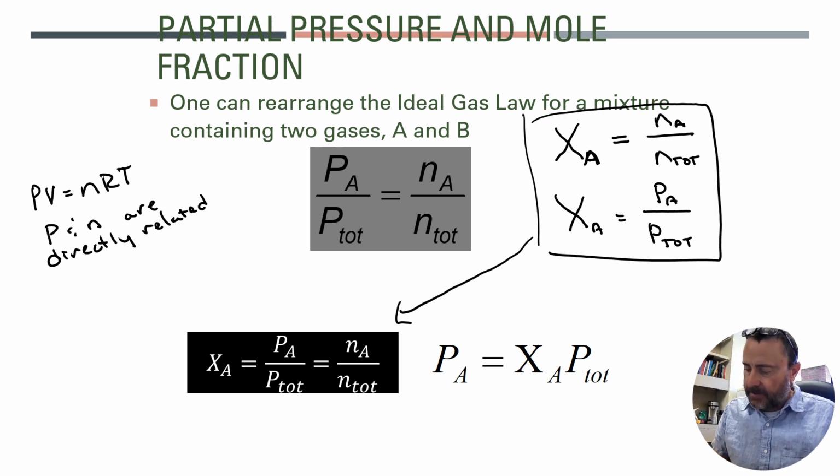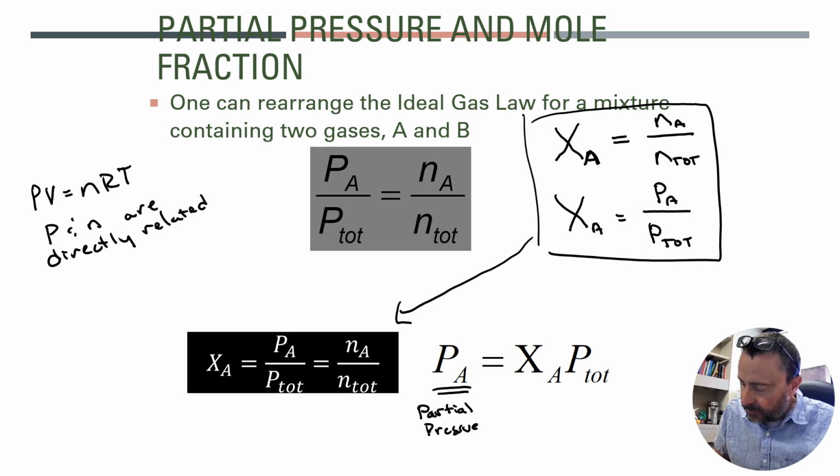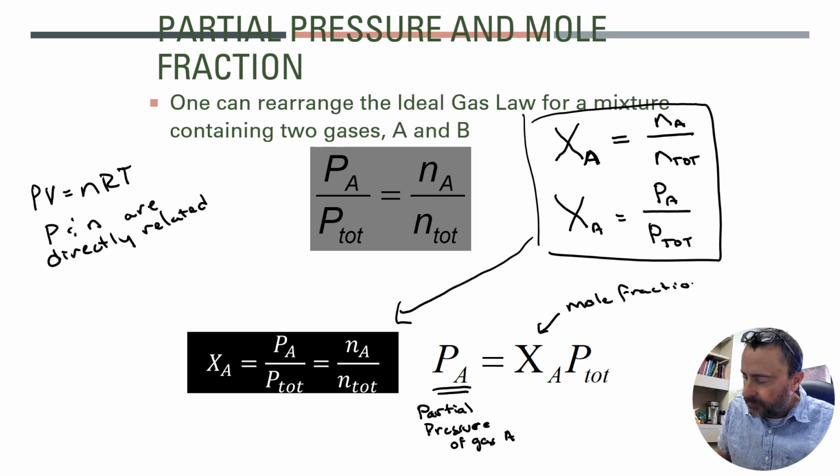Okay, so that is all of those things there. And if we rearrange something there, we can find the partial pressure of gas A is equal to the mole fraction times the total pressure.